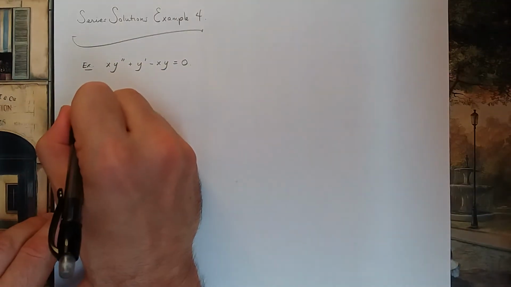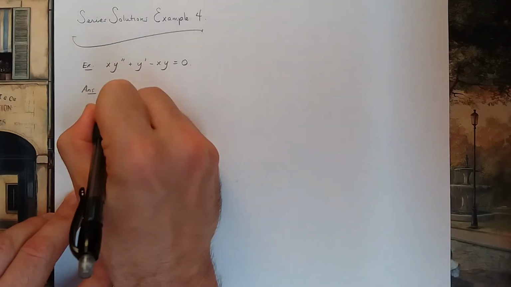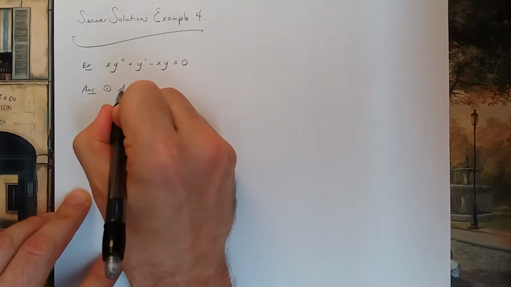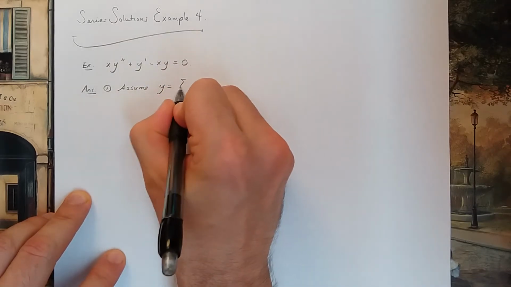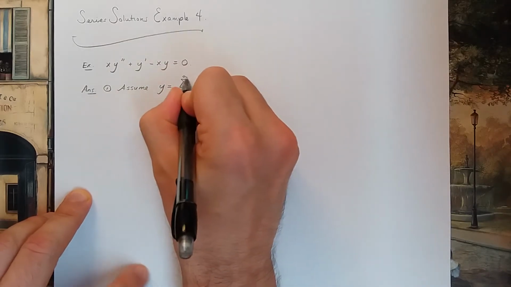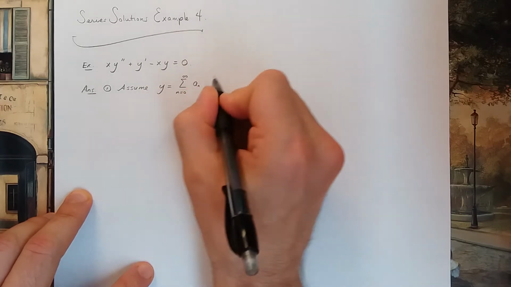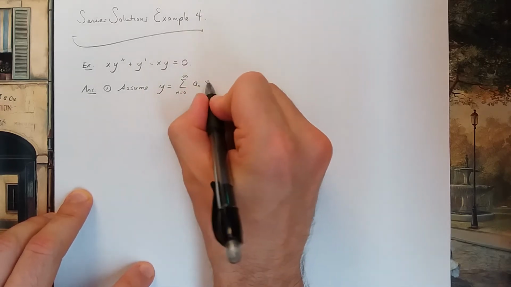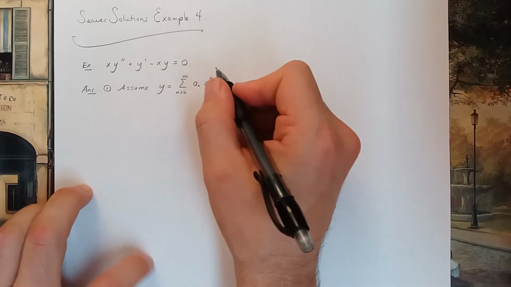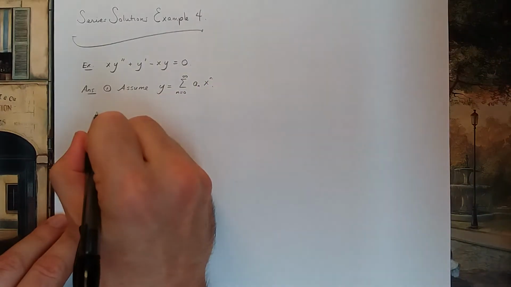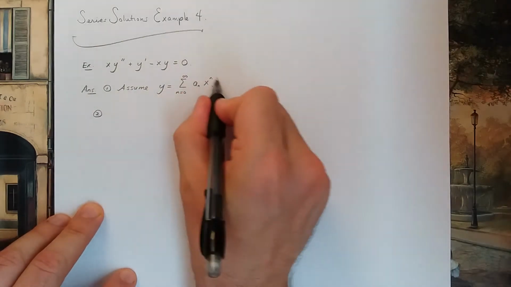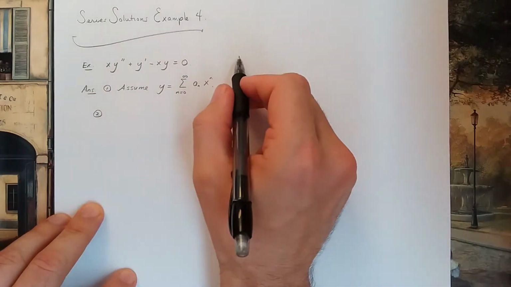The approach is to begin in step 1 by assuming that y is a series, the sum from 0 to infinity of some coefficients a_n, which I wish I knew, because if I did know these coefficients a_n, then I'd be done with the problem. Then I'm going to plug this assumption into my differential equation.